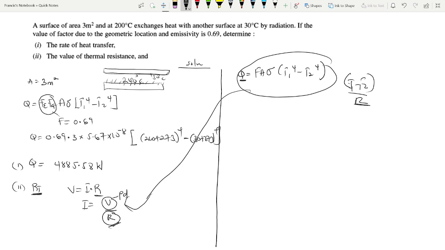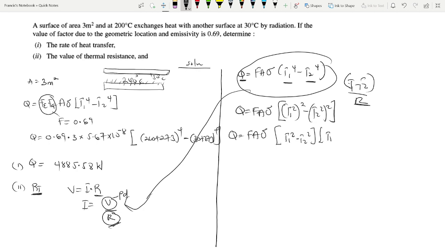So Q equals F A sigma (T1 exponent 4 minus T2 exponent 4) can be written as (T1 squared) all squared minus (T2 squared) all squared. Applying the difference of two squares, Q equals F A sigma (T1 squared minus T2 squared) multiplying (T1 squared plus T2 squared).